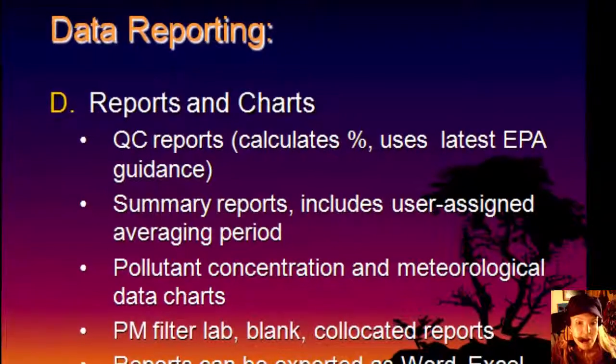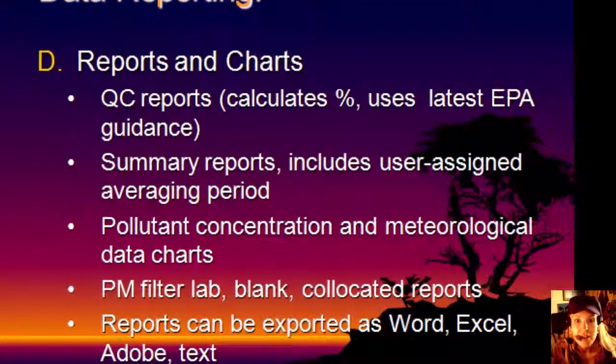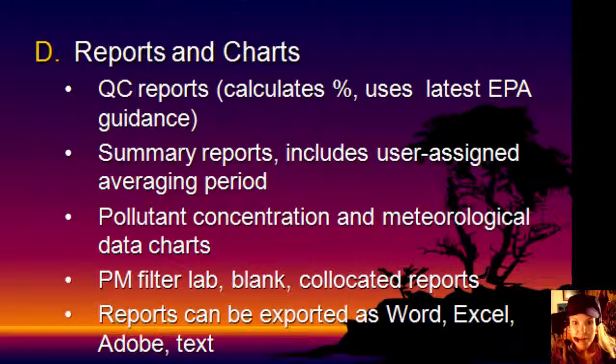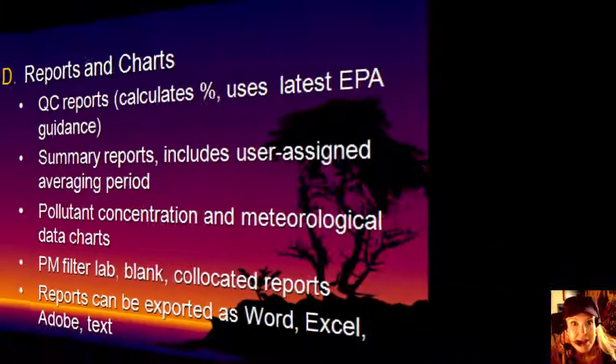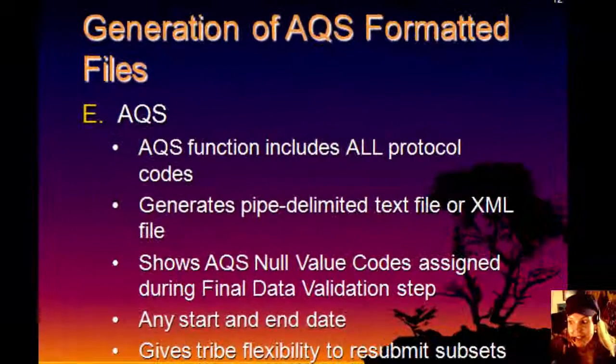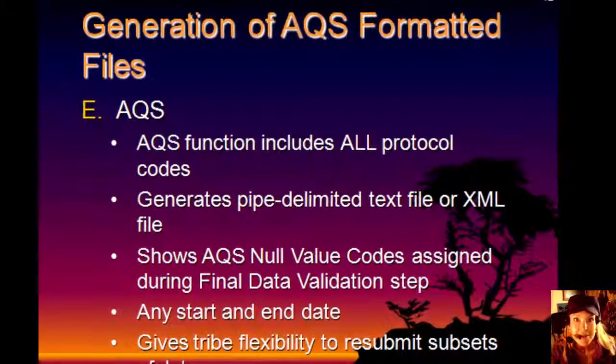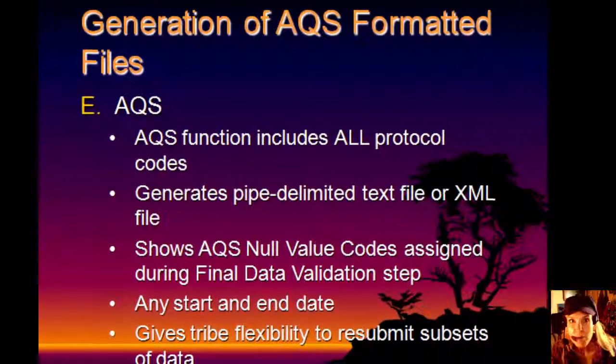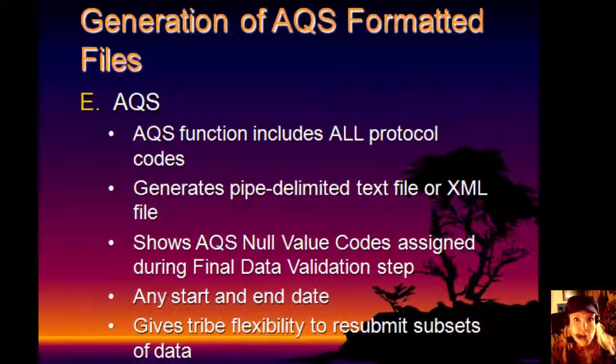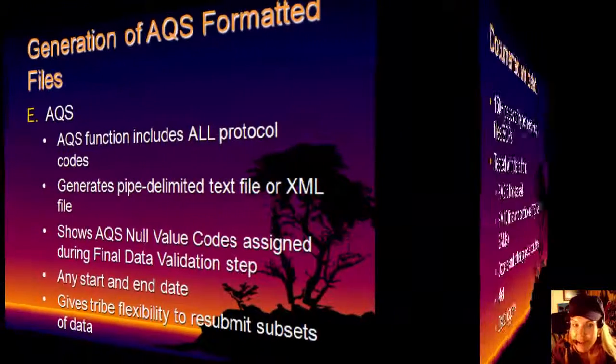And you can export charts and reports into other programs like Excel and Adobe, as well as Word. And then finally, in basically just a few clicks, you can create AQS ready files for both your parameter data, like your pollutant or your met data, and your QC data.